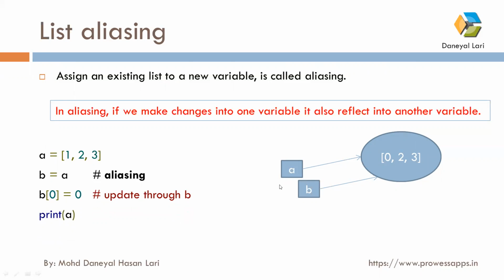If I print a, I'll get 0, 2, 3. This is the meaning of list aliasing. It is very useful because suppose you want to pass your object and work on it from two places, so you can create the aliasing. We'll see in methods and application creation that this is very helpful. So this is the use of list aliasing.